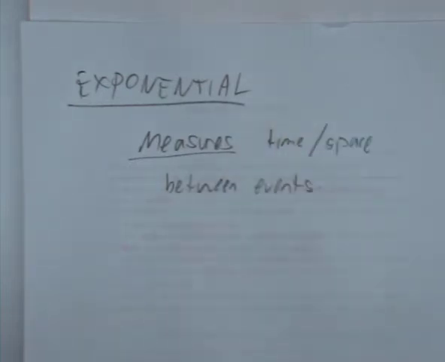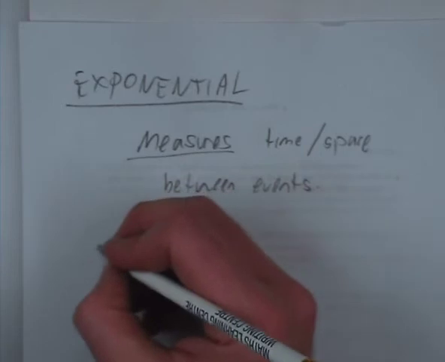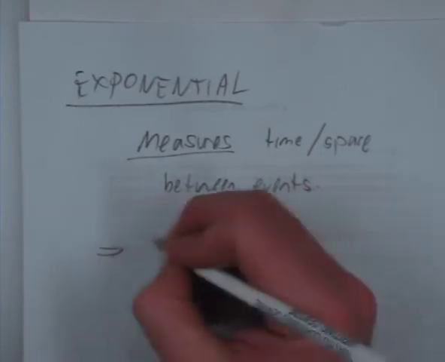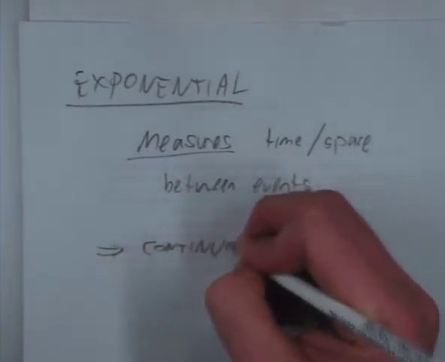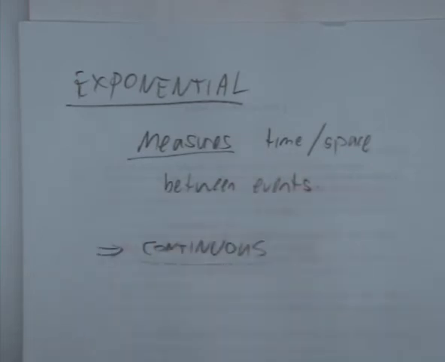It measures time or space between events, or until an event happens for the first time. So I write the word measures because that means it's continuous. It's a continuous distribution. The other ones were discrete because they counted. This is continuous because it measures.